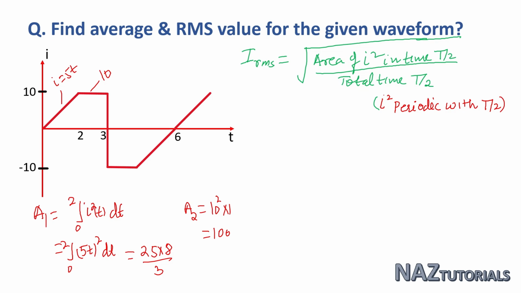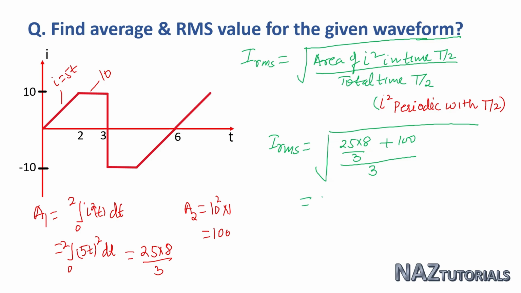Now calculate the RMS value. IRMS is equal to the square root of area 1 plus area 2, that is 25 into 8 divided by 3 plus 100, divided by the total time, that is 3 seconds.